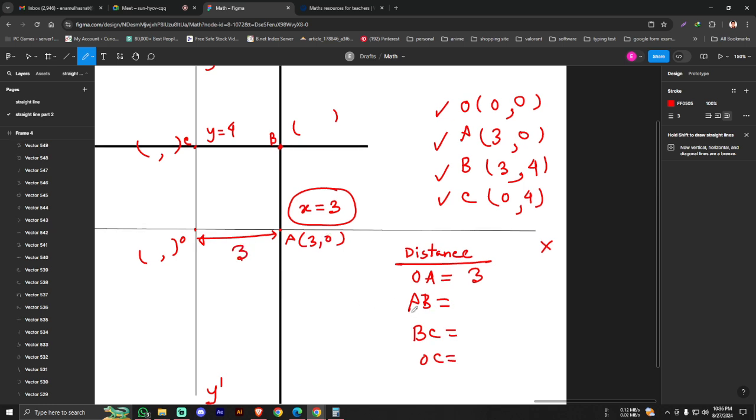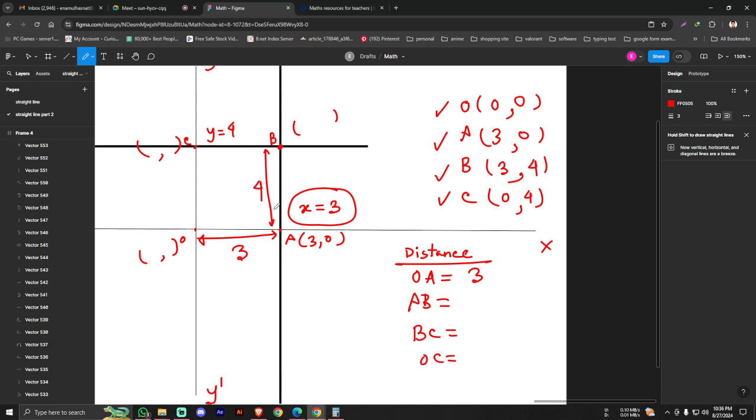Okay. Now AB is the height. If height comes into consideration, we're just going to consider the y-axis, right? Yes. And how far the y-axis moved, so how many units? 4.